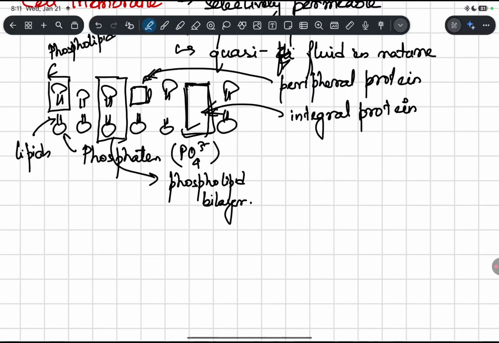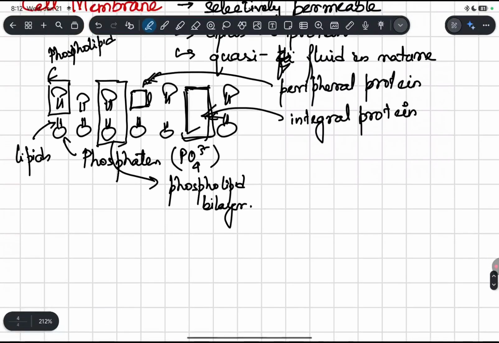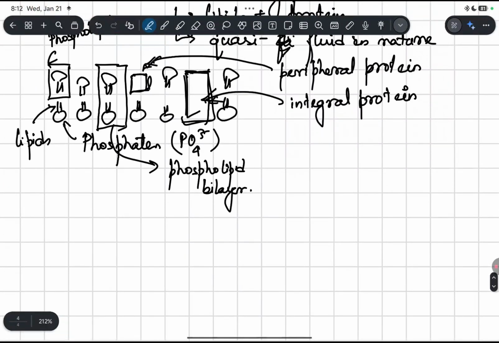This integral protein is properly bound, so it is very difficult to remove, right? The main purpose of the cell membrane is transportation, of which there are three types: active, passive, and osmosis. In active transport, not everything can enter; things can enter, but a certain amount of energy will be required, right?